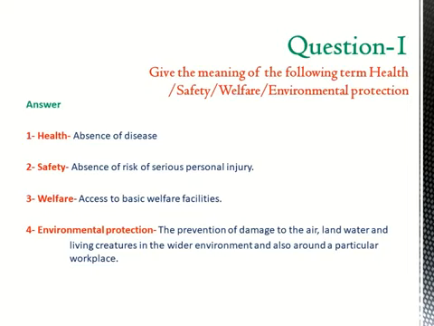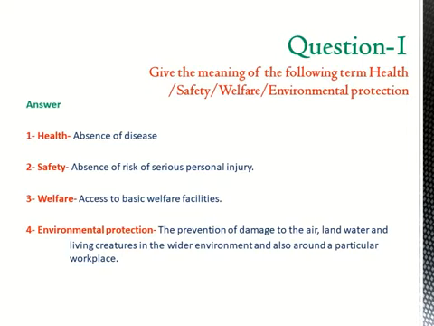So welfare means access to the basic welfare facilities. What is environmental protection? It means the prevention of damage to the air, land and living creatures in the wider environment and also around a particular workplace. So this is the proper answer, guys.